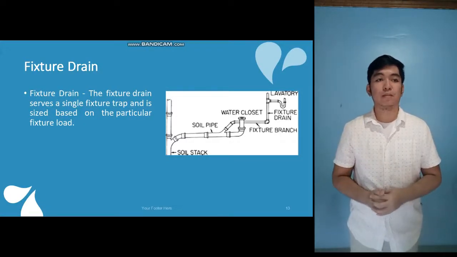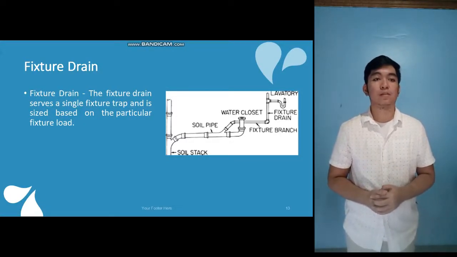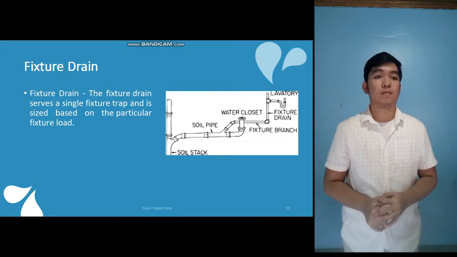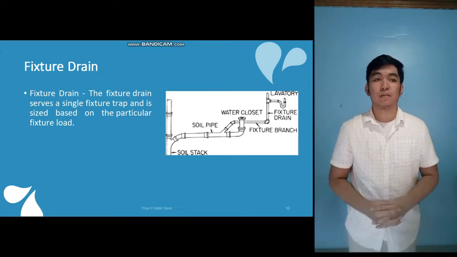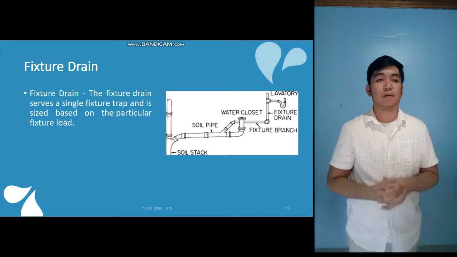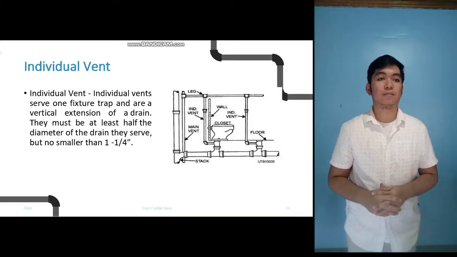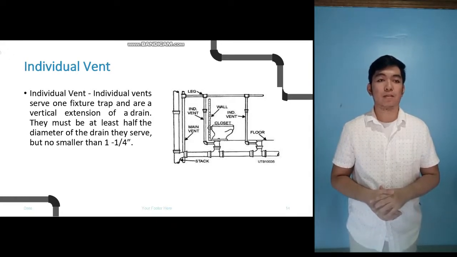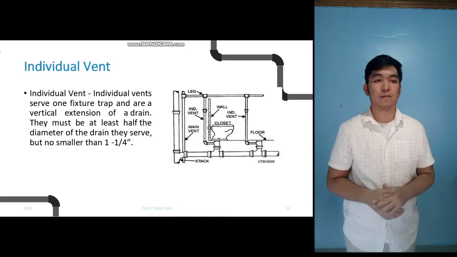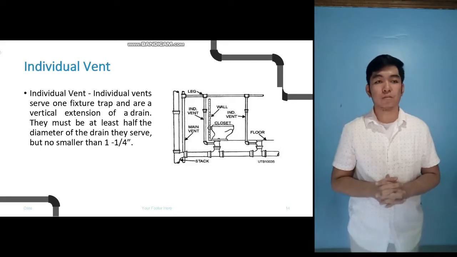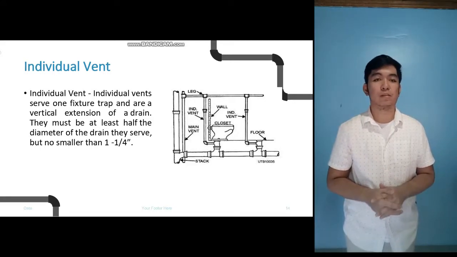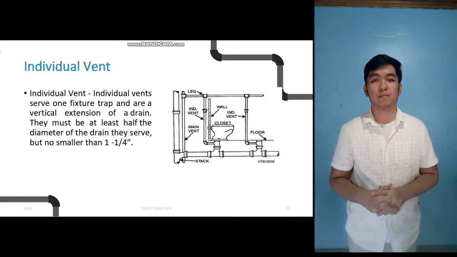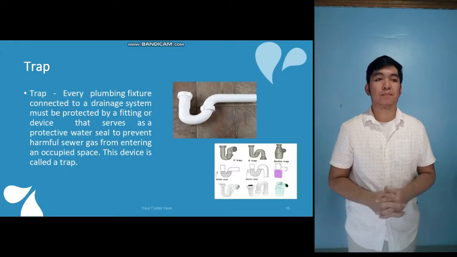The fixture drain serves a single fixture trap and is sized based on a particular fixture load. Individual vent: individual vents serve one fixture trap and are a vertical extension of a drain. They must be at least half the diameter of the drain they serve, but no smaller than 1 1/4 inches or mm.